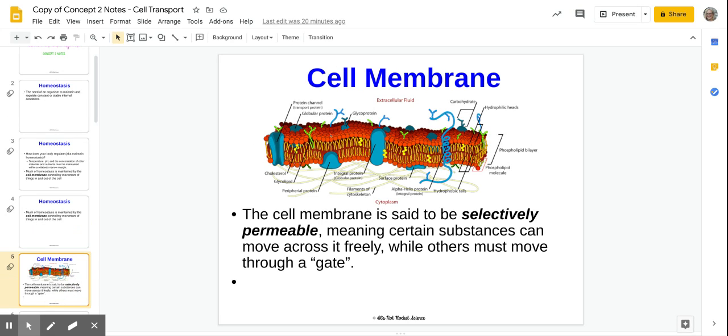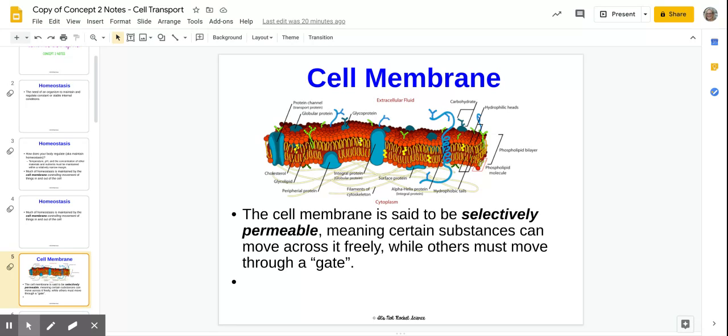This is a picture of the cell membrane that you will see a lot. Notice that it has a lot of different parts. These blue, oval, or odd-shaped things here are your proteins that are embedded within the membrane. This is a special type of protein here that is a way of communicating.